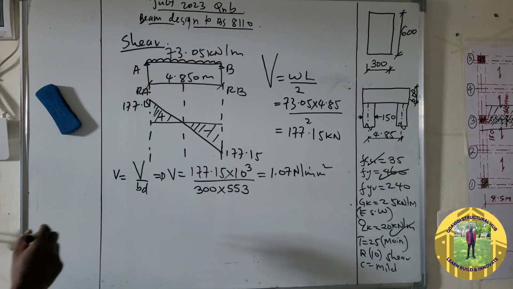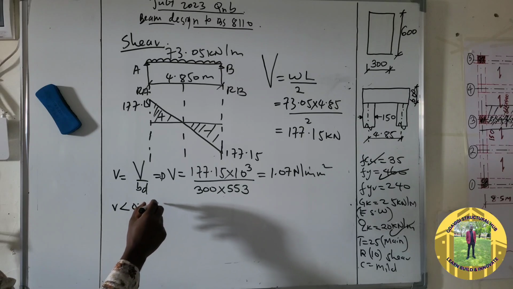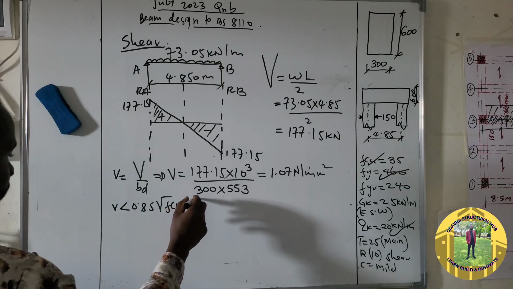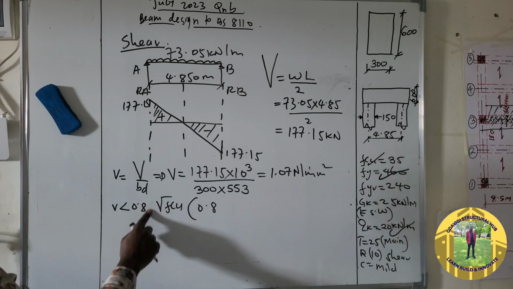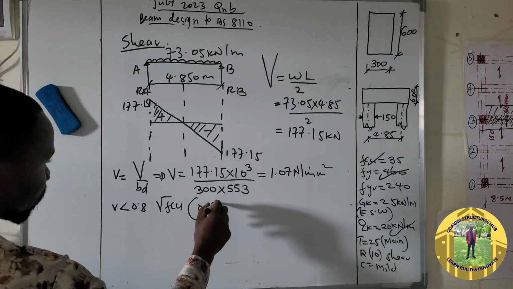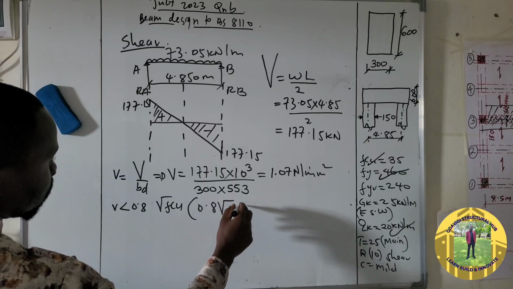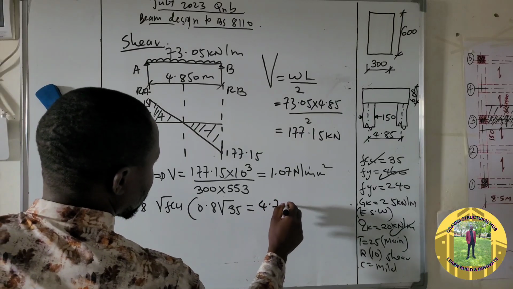And this should be less than 0.8 square root of FCU. It's 0.8, not 0.85. 0.8 square root of 35 is equal to 4.7. Therefore, OK.